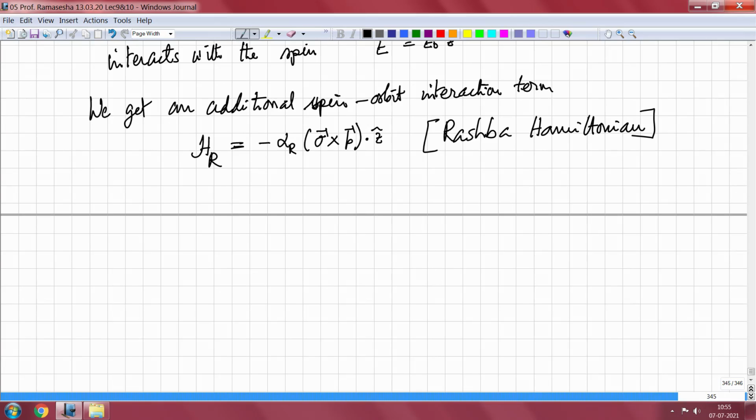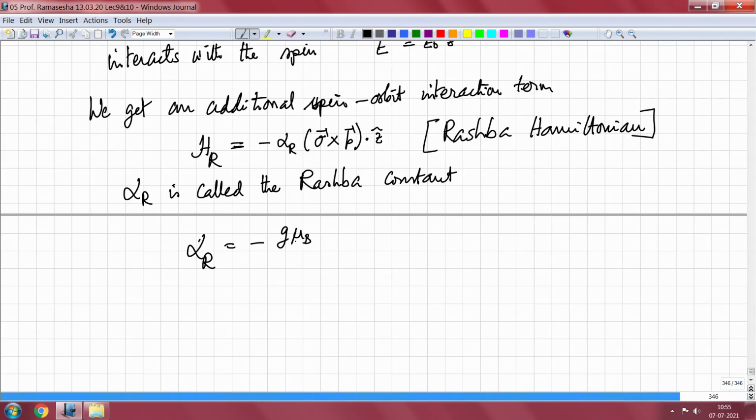This can happen either in a two-dimensional system or a three-dimensional system without inversion symmetry. So, alpha R is called the Rashba constant, and alpha R is actually given by minus g mu B, which is a Bohr magneton, g is the gyromagnetic ratio, divided by 2 m c squared times E naught, the electric field. Okay. So, this is the Rashba constant.